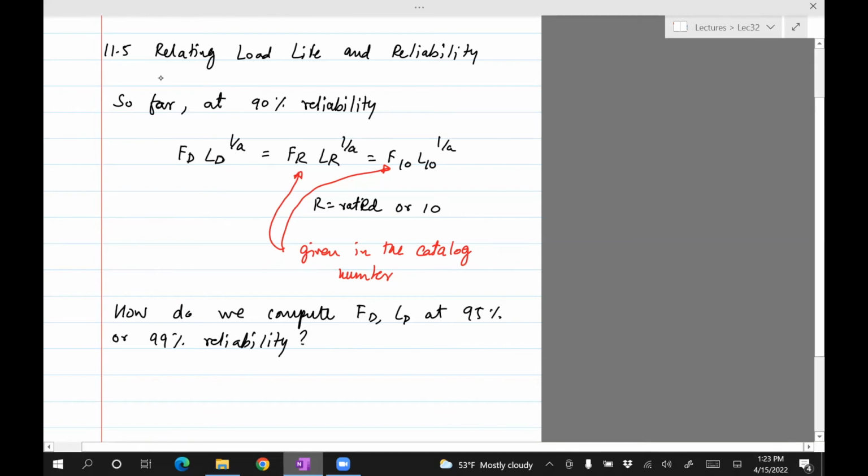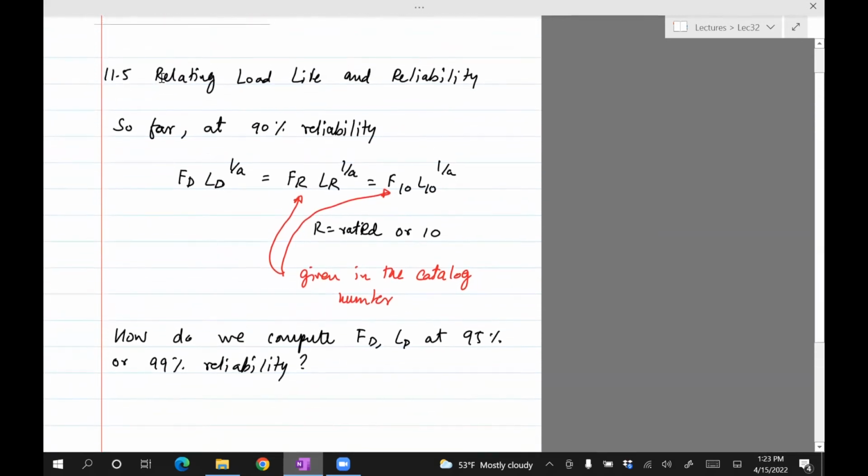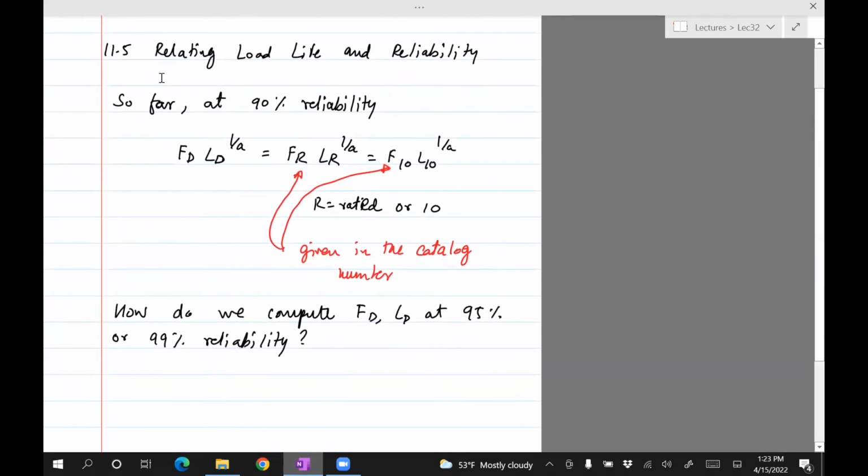Yes, that's the question we'll be dealing with in this section. Here, what we essentially do is we use these equations which I wrote down, and something about the Weibull distribution, to compute those things.